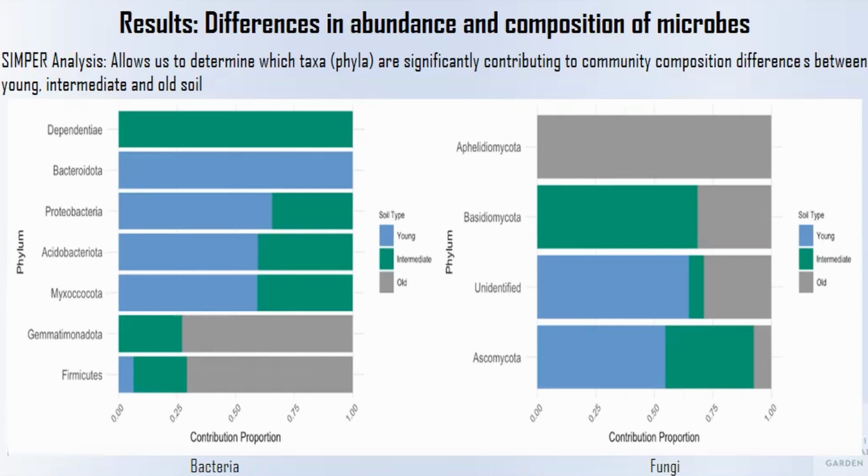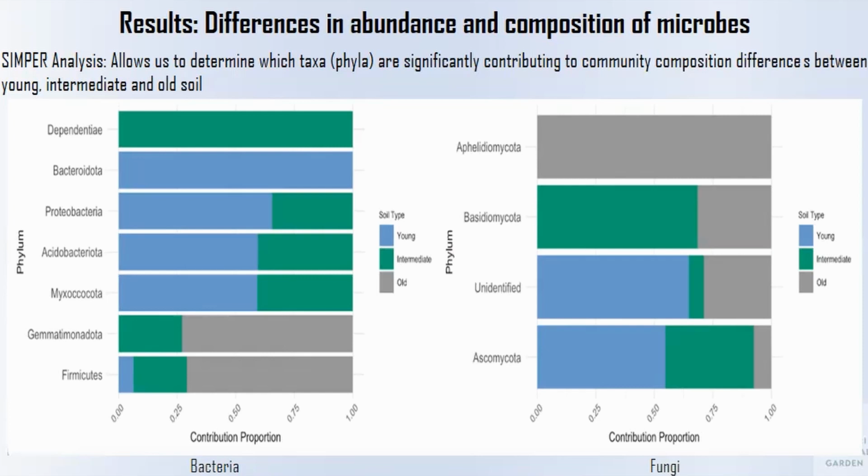And so we can see here, when we look at the phylum of bacteria, that all of the Bray-Curtis dissimilarity contribution for Proteobacteria largely was driven by higher abundance in young soil. So Proteobacteria was significantly more abundant in young soil, and therefore it's driving those differences in community composition.